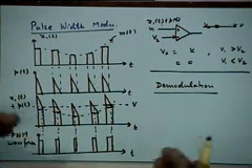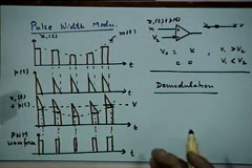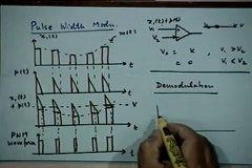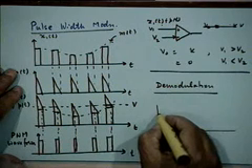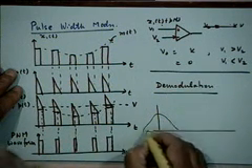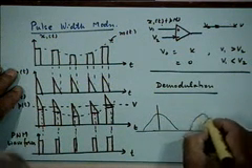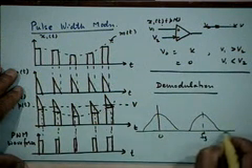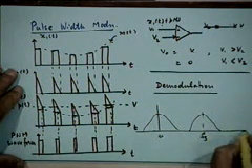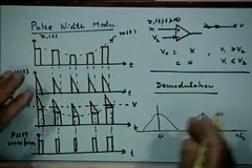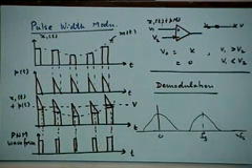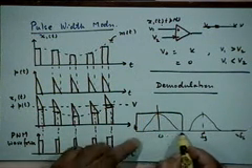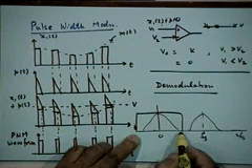It was based on the spectrum of the PWM signal. Remember that? The spectrum of the PWM signal, or the impulse sample signal, is essentially a replicated spectrum. If this is your baseband spectrum, then it gets replicated around the sampling frequency, 2fs, and so on. It is a periodic spectrum, and the demodulation was based on the fact that the spectrum of interest for the continuous signal lies in the central lobe around the baseband.